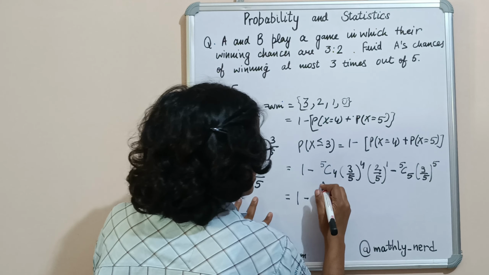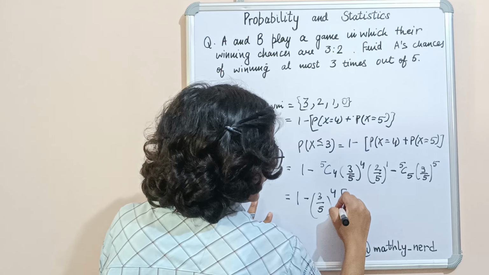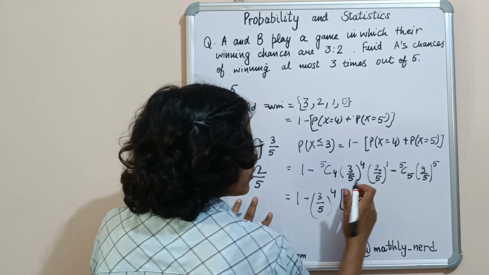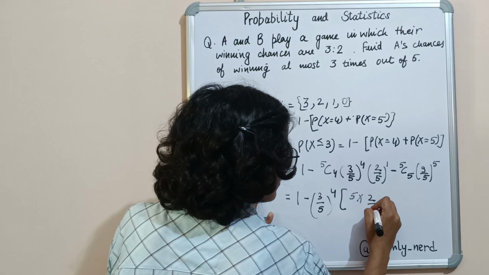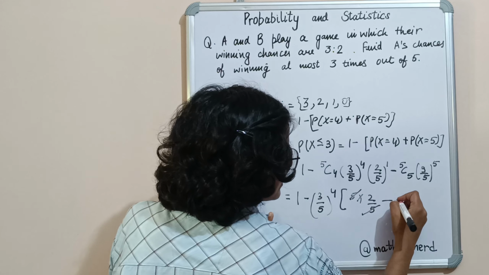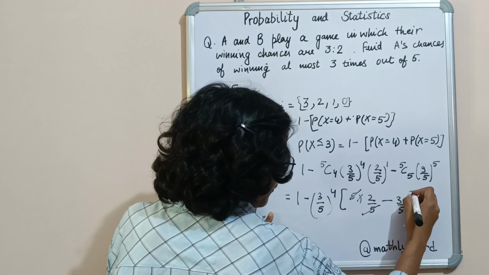We can take (3 by 5) to the power 4 common, then this will be 5C4, that is 5 times 2 by 5, minus 5C5, which is 1, and 3 by 5.